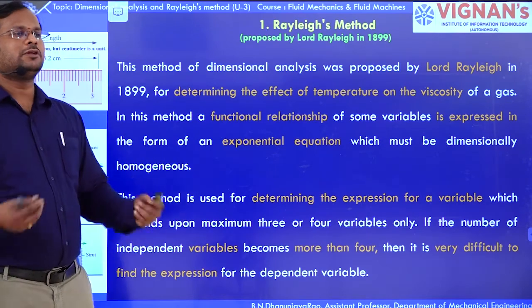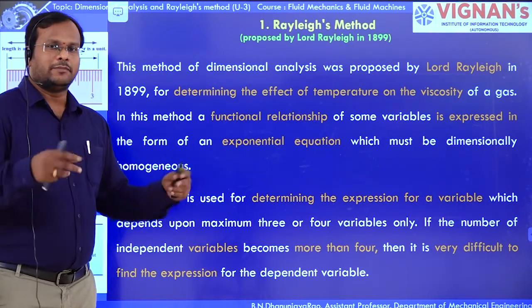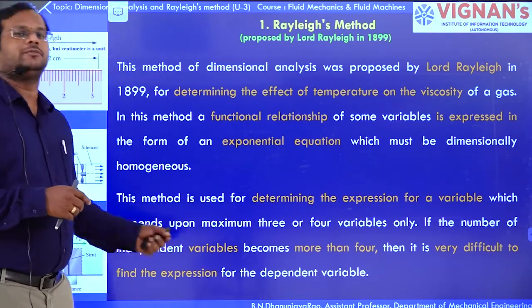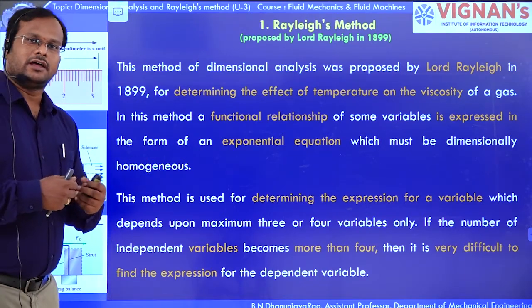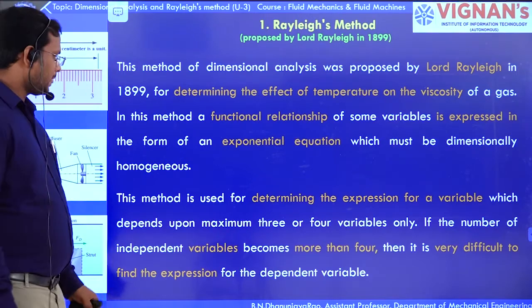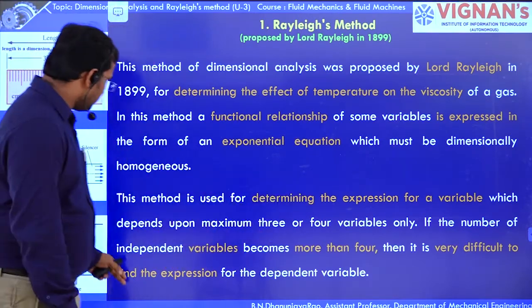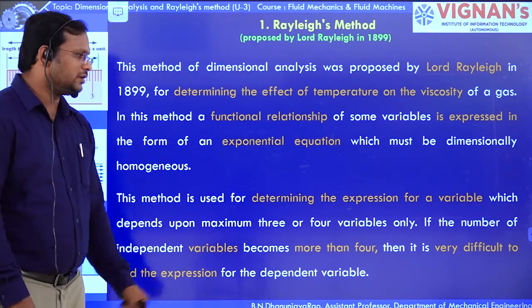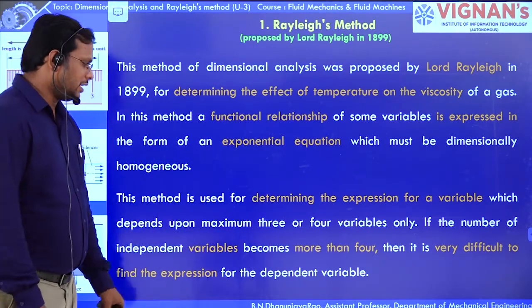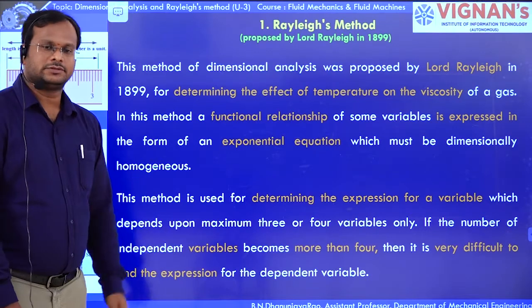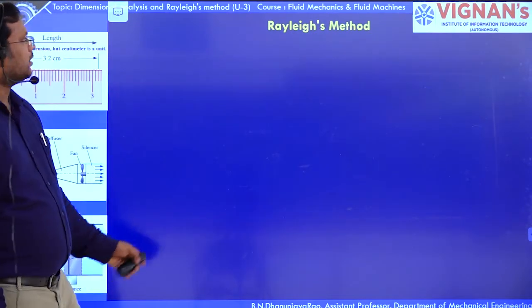If the number of variables increases, the method may not be suitable, as the expression also increases. If the number of independent variables becomes more than 4, it is very difficult to find the expression for the dependent variable.